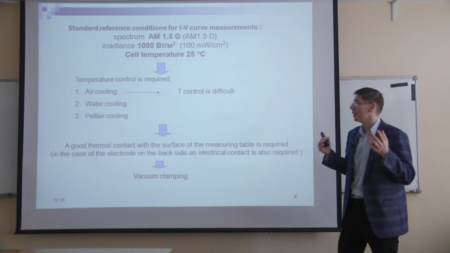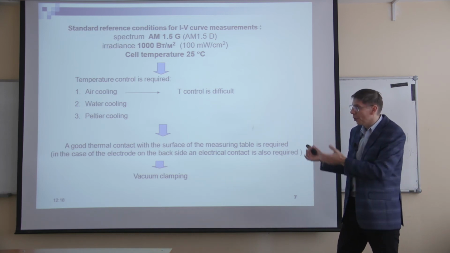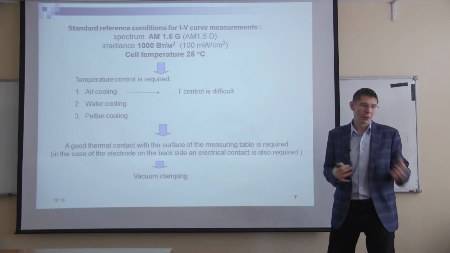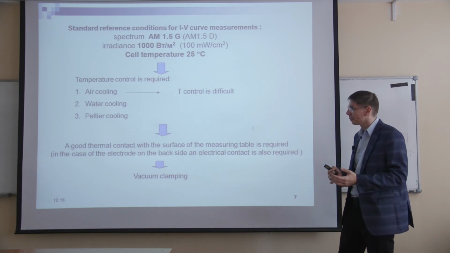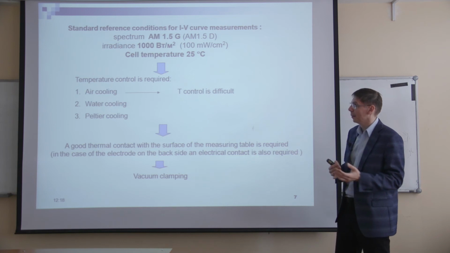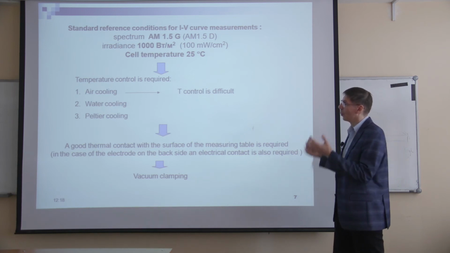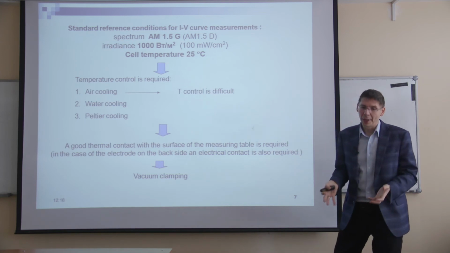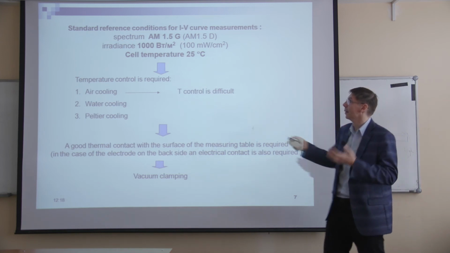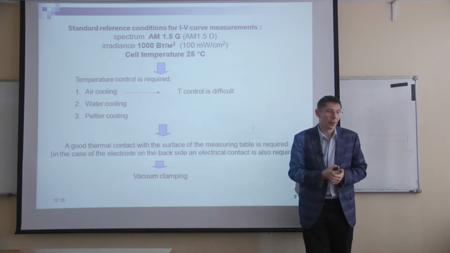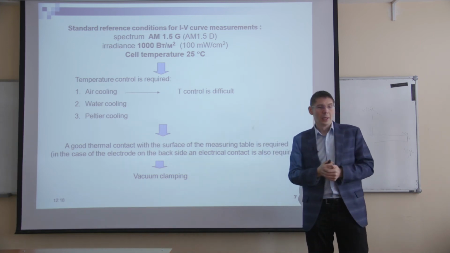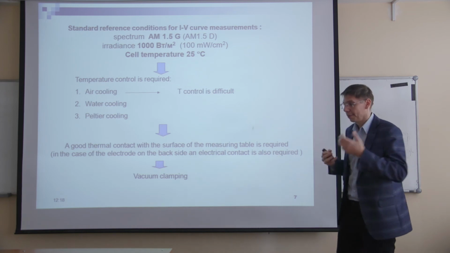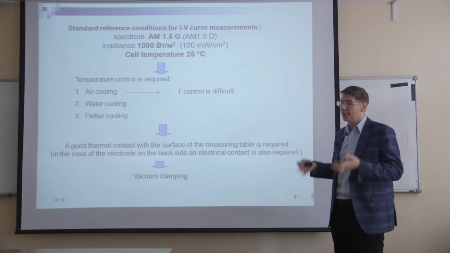Normally, at some room temperature, when you illuminate your solar cell with 1 kilowatt per square meter, it would lead to heating of the solar cell.